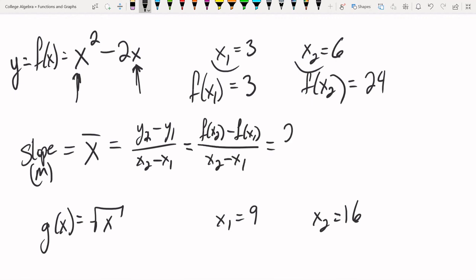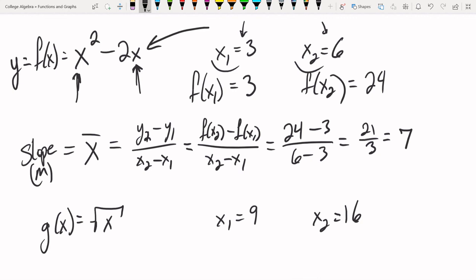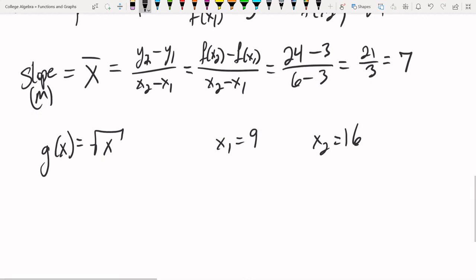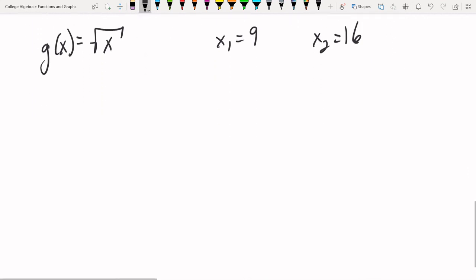So f of x2 is 24, f of x1 is 3, x2 is 6, and x1 is 3. We have 21 over 3, which is 7. So the average between these 2 points of this function is 7. It's a little bit different use of slope, but slope comes up in a variety of ways, especially if you take calculus classes.